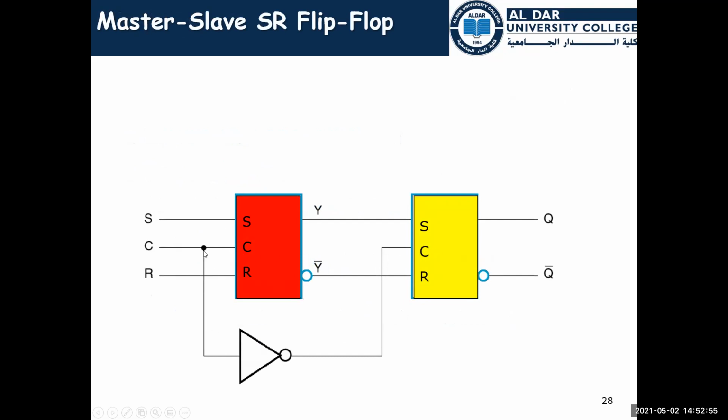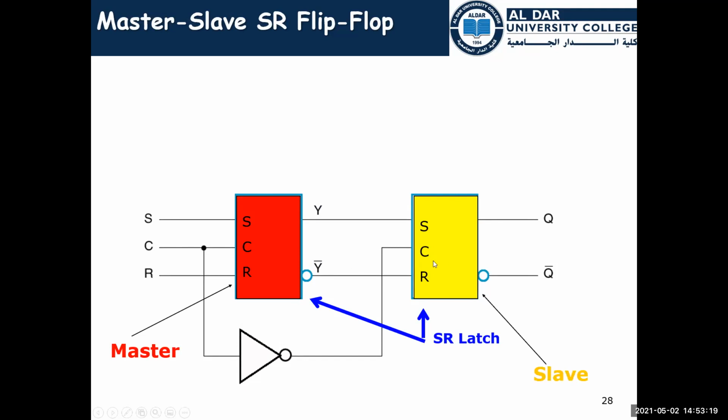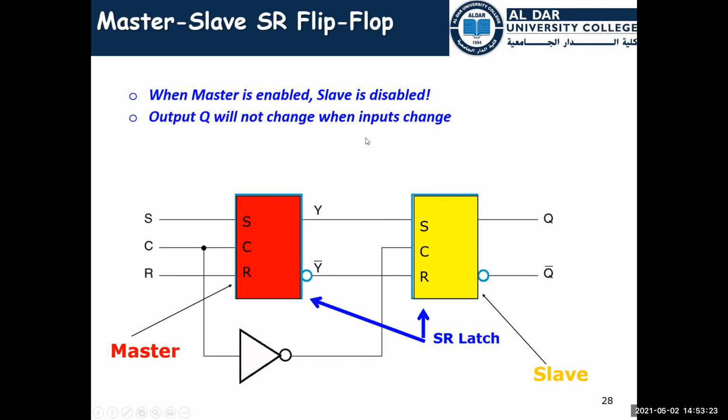This means one of them is working and the other is not, because the control here will be zero, for example, and here it will be one. So this is disabled and this is enabled. This is a master slave SR flip-flop. This is the master and this is the slave. When the master is enabled, the slave is disabled. The output Q will not change when the inputs change.